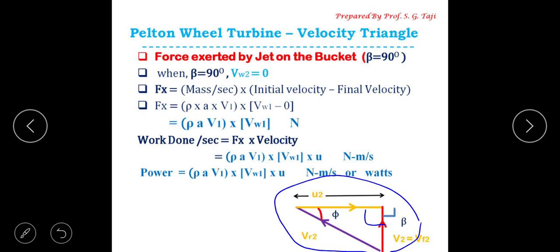Fx is equal to rho a v1 Vw1 Newton, because Vw2 is equal to 0. Work done per second is Fx into velocity: rho a v1 multiplied by Vw1 multiplied by u Newton meters per second. Power is rho a v1 multiplied by Vw1 multiplied by u Newton meters per second or watts.